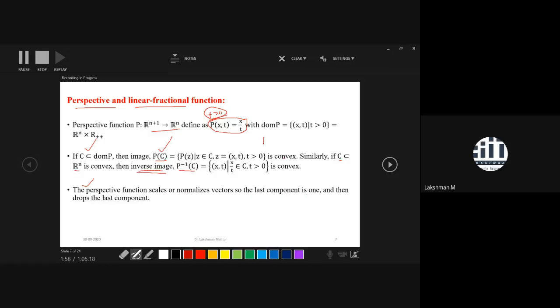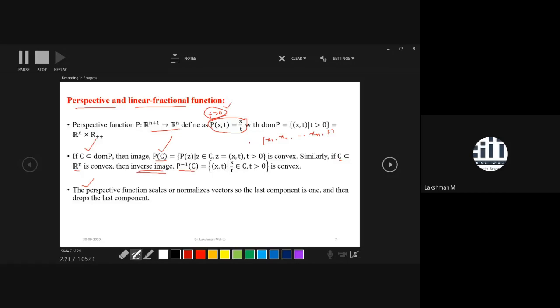In the domain you have this kind of point x1, x2, and likewise up to xn, and the last coordinate is t, with the special condition that t is greater than 0.